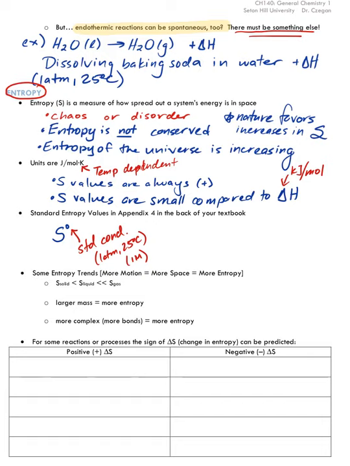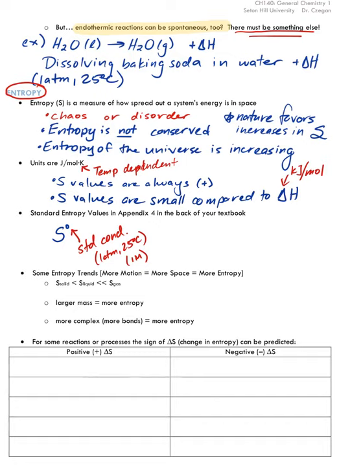First, I want to talk about some trends in entropy values. So in general, the trend for entropy is that if there's more motion, then there tends to be more space. And if there's more space, then there's more entropy. So if we look at a substance, every substance can exist in 3 phases, solid, liquid, or gas.